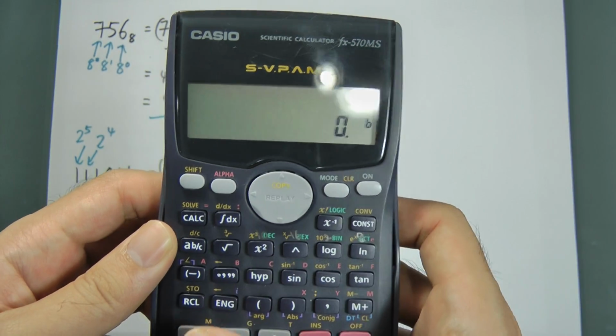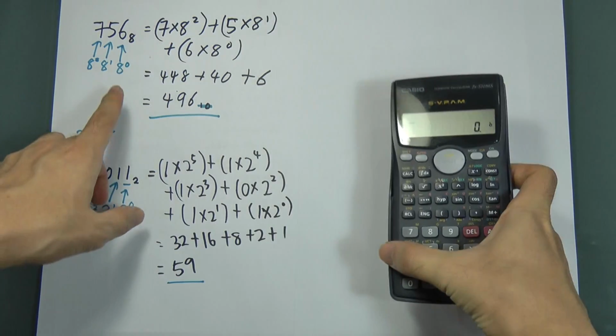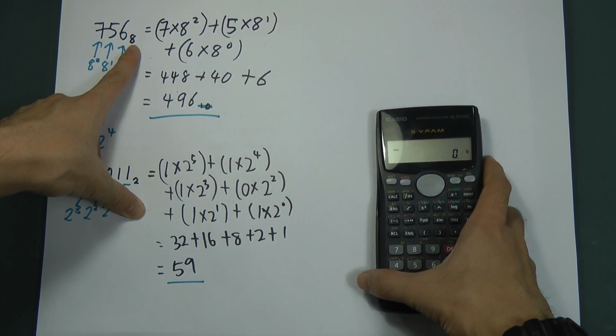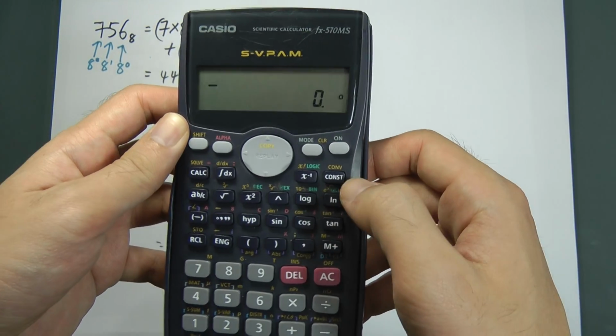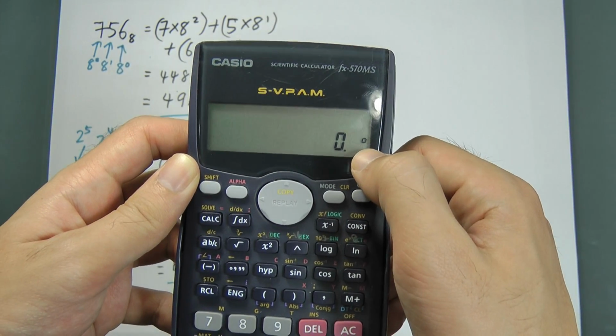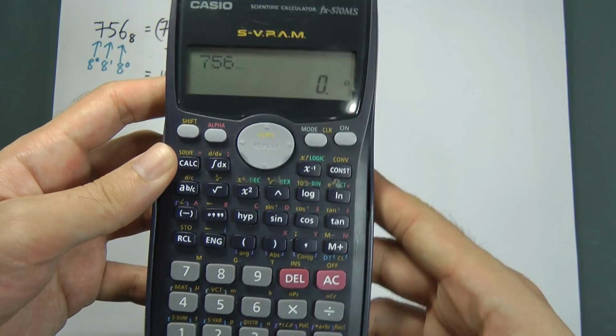Okay, if you understand about this one, let's see. Now you got the number 756 base 8. So I want base 8, I must press this button. Do you see here it becomes O? O means base 8. So I type 756 base 8.